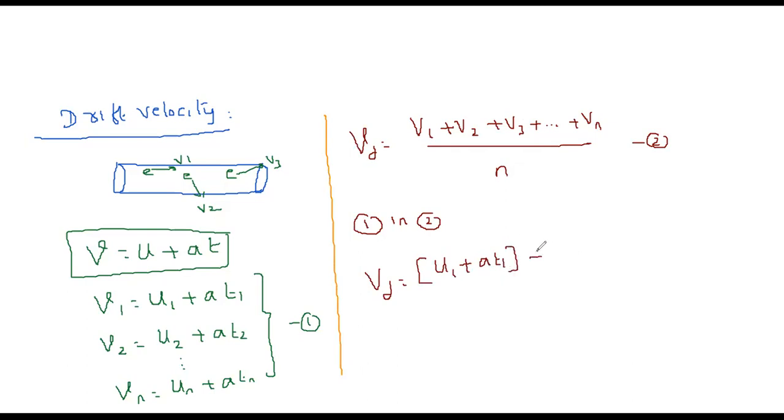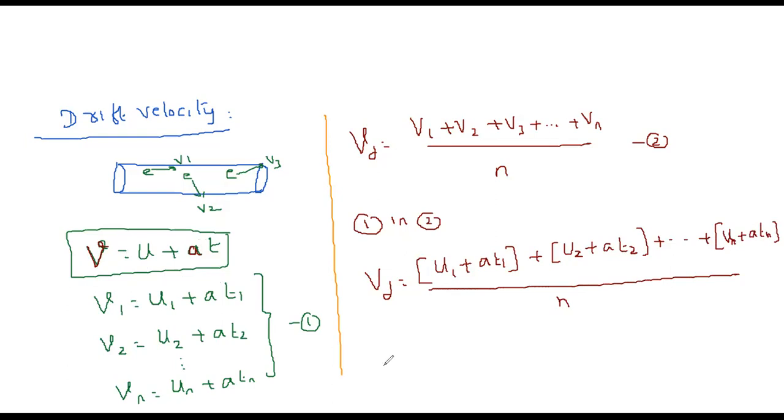What is V2? U2 plus AT2. And moreover, Newton's law is correct. The formula V is equal to U plus AT is correct only if acceleration is constant. If acceleration is variable, we cannot apply this formula. And so on, plus Vn, Un plus A into Tn, by n number of terms.